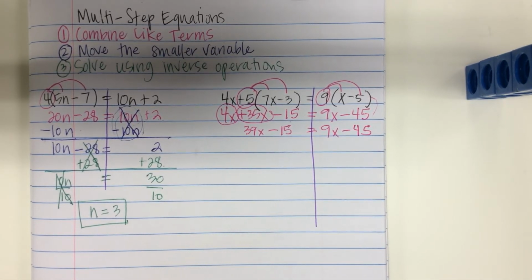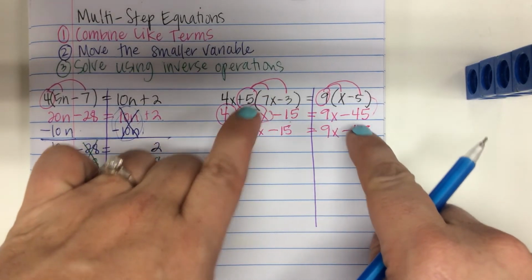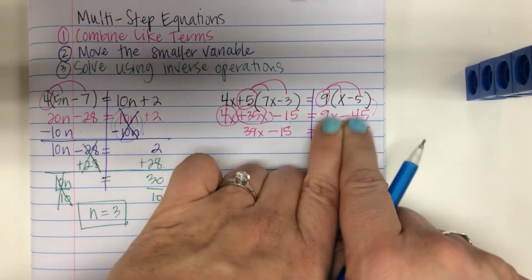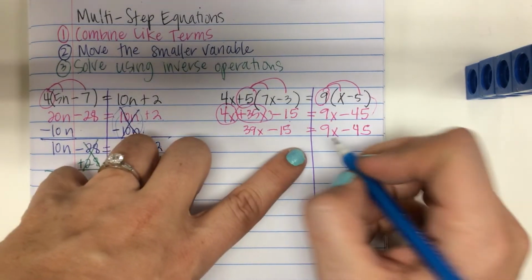Step number 2, move the smaller variable. Which one is smaller? 9x. I'm going to take 9x and I'm going to move it across. Anytime you move it across, you do the opposite.